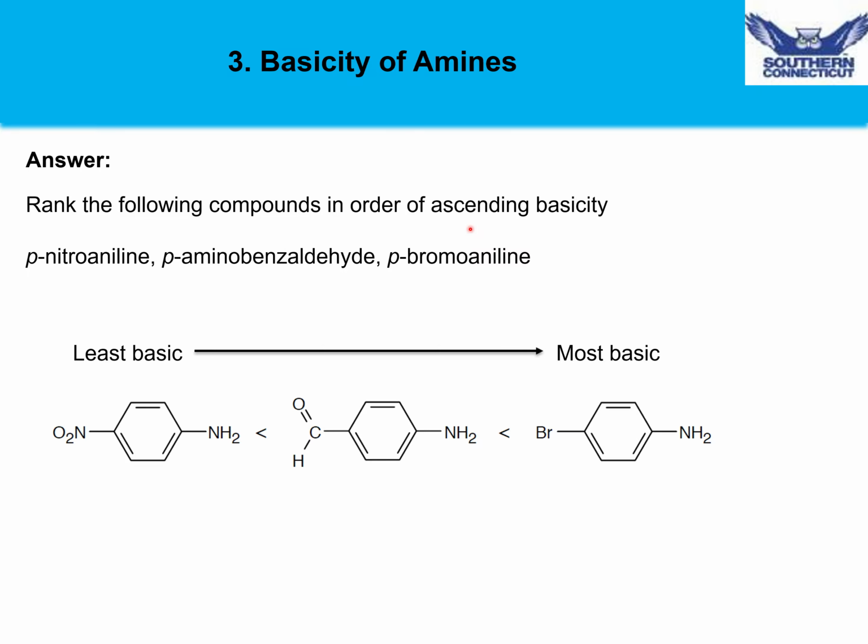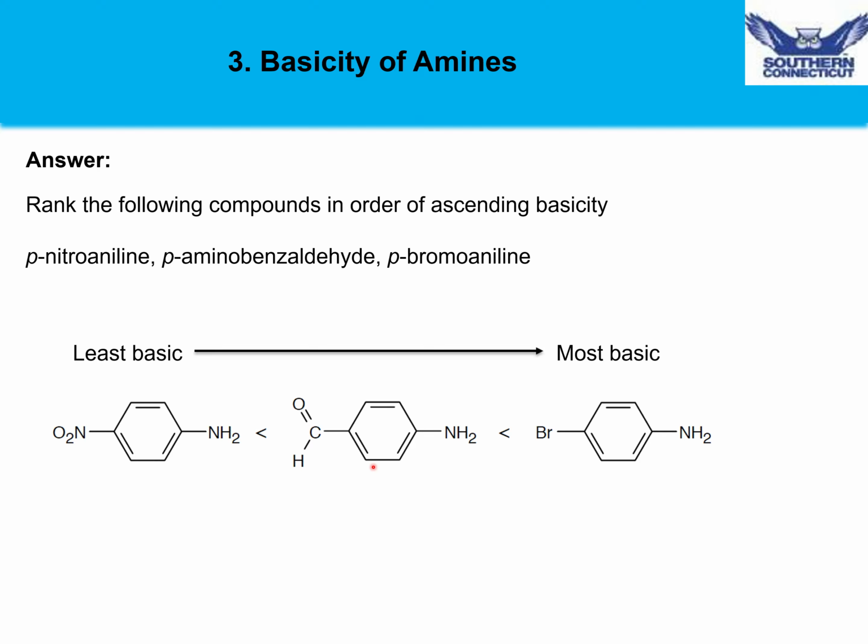Generally, electron withdrawing groups will make an amine, including anilines, less basic. So for example, this para-substituted nitro compound will have a very strong electron withdrawing group that makes this nitrogen a very poor base, since it is very electron poor.